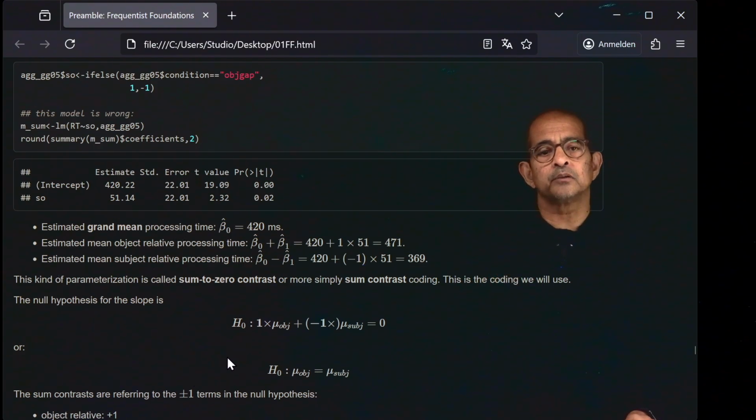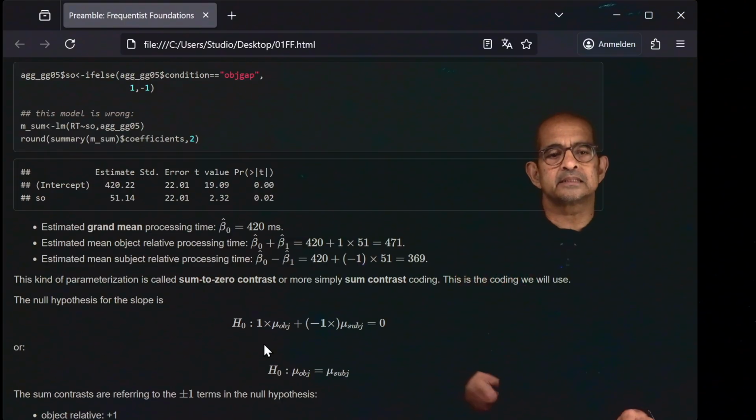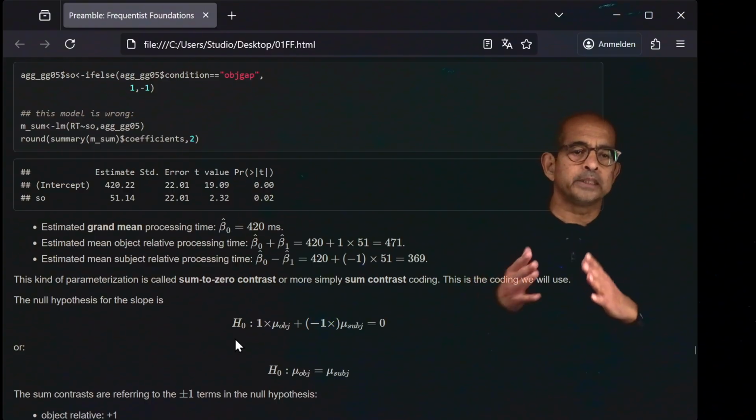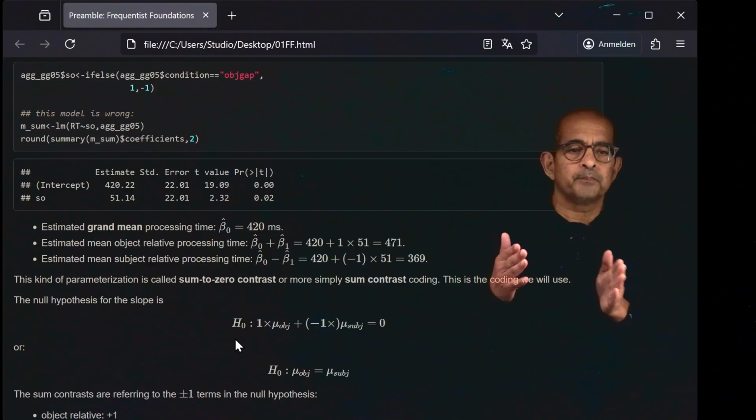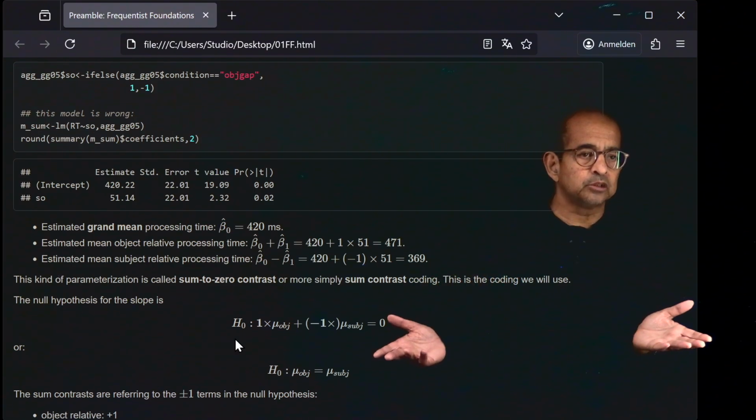Now, you can also think of the slope parameter, the beta 1 parameter, as representing the following null hypothesis. The +1, -1 coding can be seen as representing the coefficients in the null hypothesis test, right? So basically the question we are asking with the null hypothesis test here is whether the difference between the means of the two conditions is 0 or not, right?